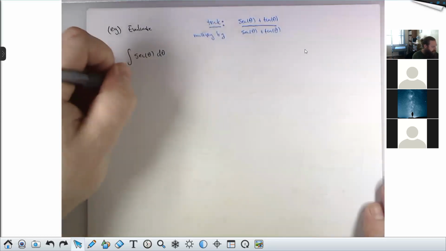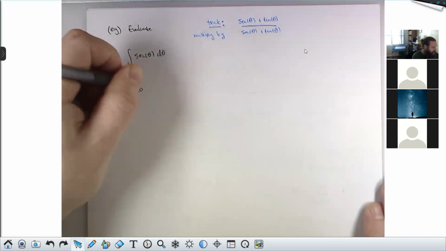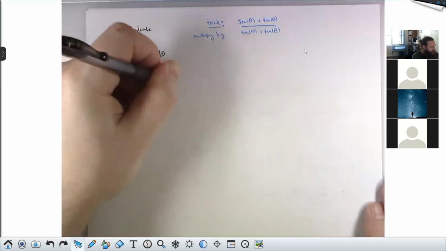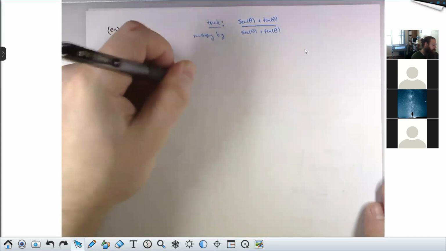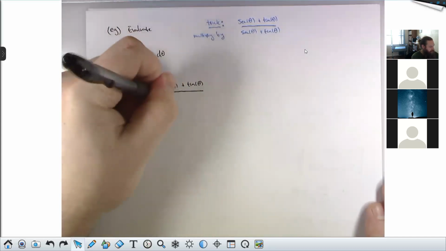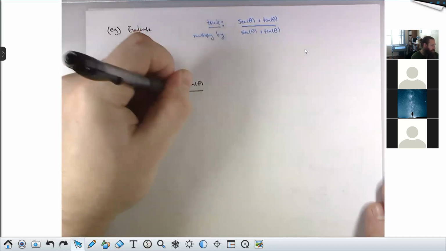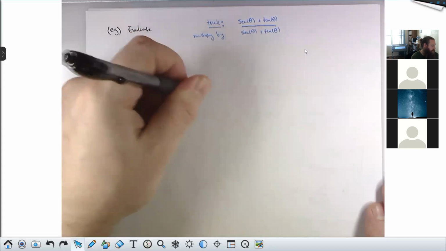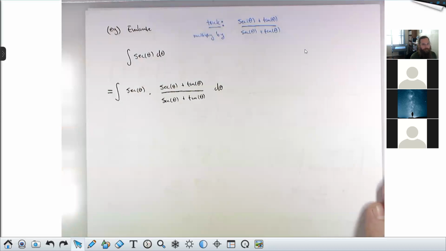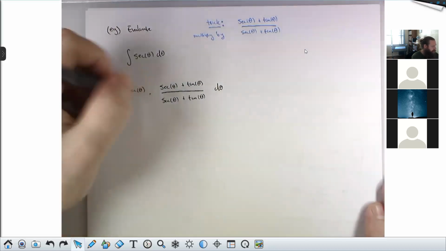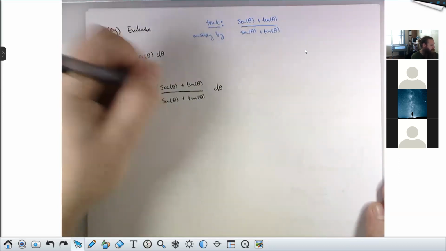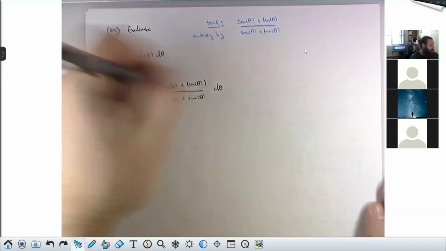So what does that give me? That gives me secant theta times secant theta plus tangent theta over secant theta plus tangent theta d theta. Secant theta is the same as secant theta over 1. And fractions are always, top and bottom, thought of as being in parentheses.